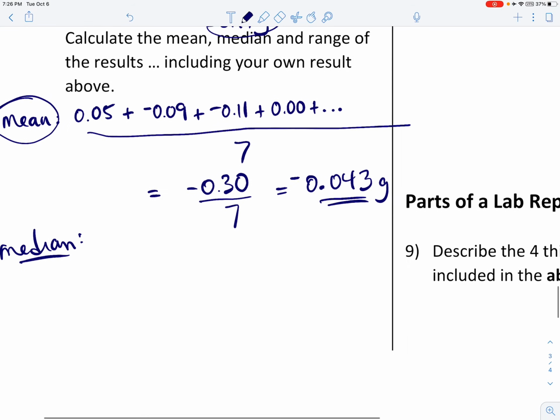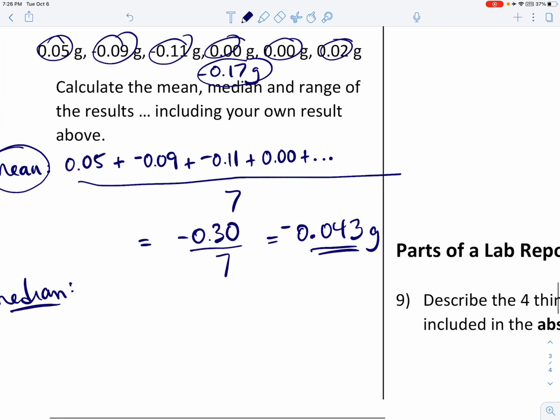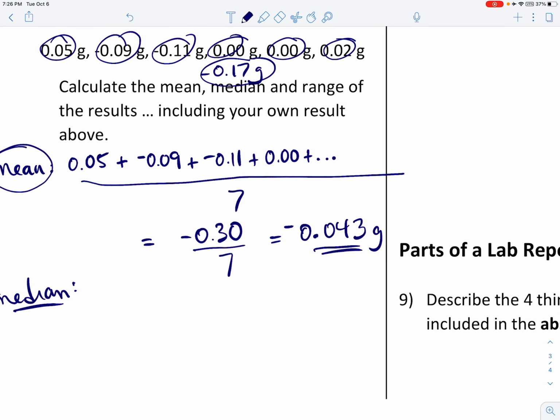Now let's do the median. The median is the middle number. So we take the measurements and we put them in order from smallest to biggest. Negative 0.17 was the smallest, negative 0.11, negative 0.09. Those are all the negatives.